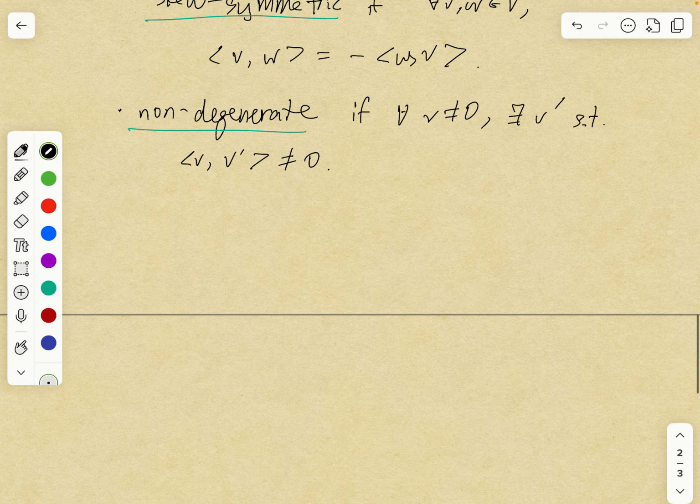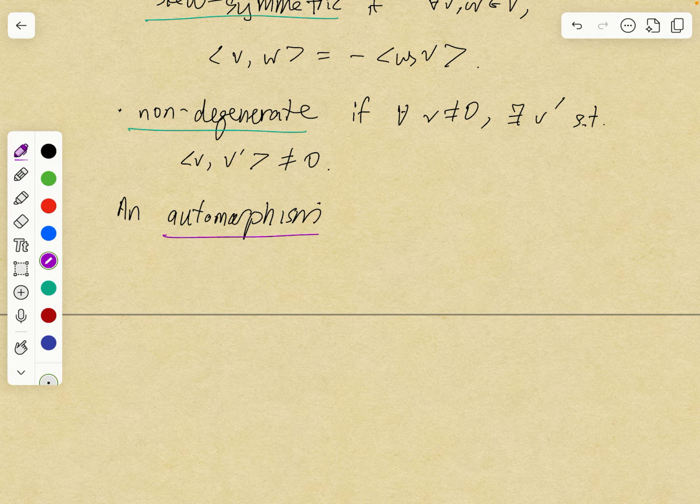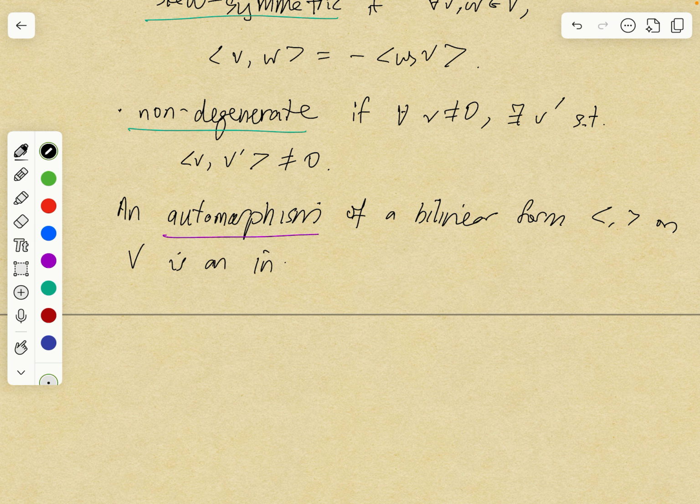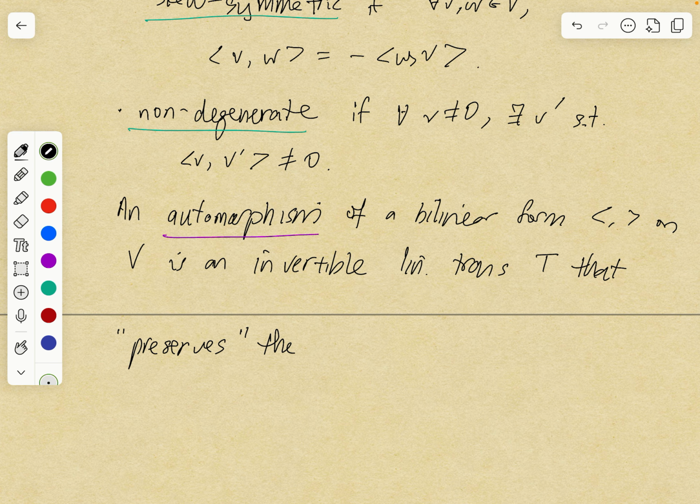So the definition that we're going to give is the definition of an automorphism. An automorphism of a bilinear form on V is an invertible linear transformation, say T, that preserves the form.